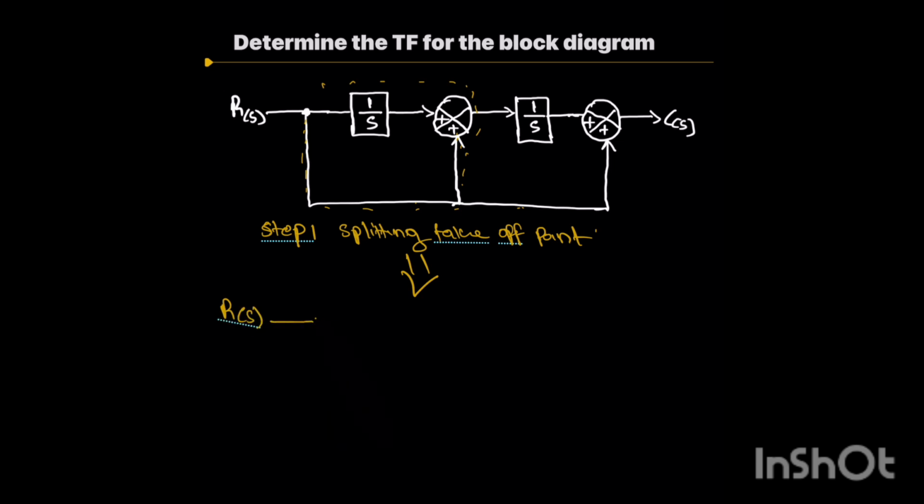So what we have here now is we have this, we have this. So I'm splitting this takeoff point because inside we have double lines. So we don't want any feedback from another lane to affect this block.